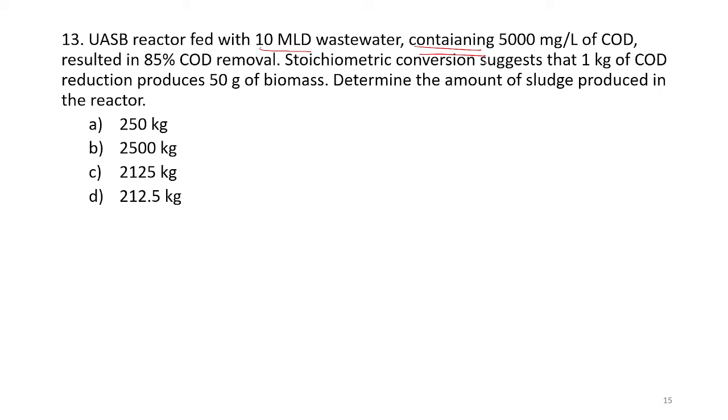Sorry for the error. So containing 5000 milligram per liter of COD, and this USB results in 85% COD removal. Then stoichiometric conversion suggests that 1 kg of COD reduction produces 50 gram of biomass. Determine the amount of sludge produced in the reactor.